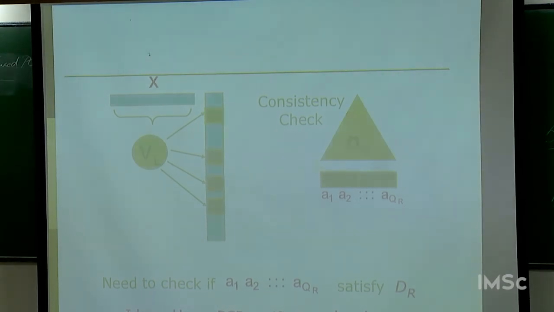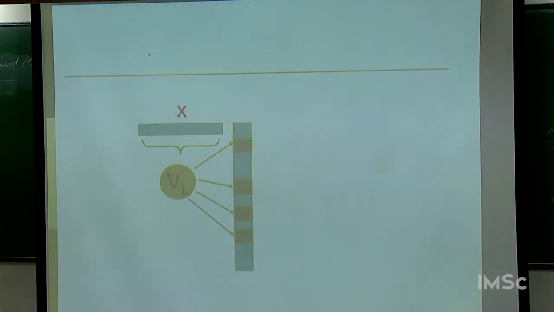What does that mean? You wanted to check that this local view satisfies some local predicate, so you construct a language whose accepting instances are exactly the accepting instances of that local predicate, and construct a PCP verifier for that one.